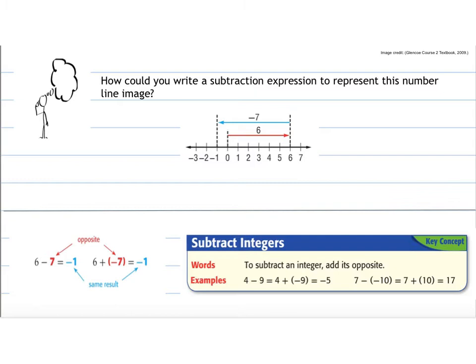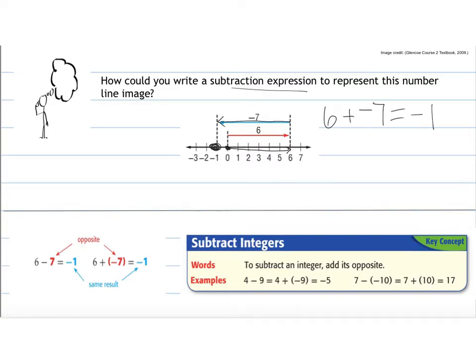How could you write a subtraction expression to represent this number line image? We start at 0 and it's showing that we go right 6, so that's positive 6, and then we go left 7, which we know then is 6 plus negative 7, and we end up at negative 1.